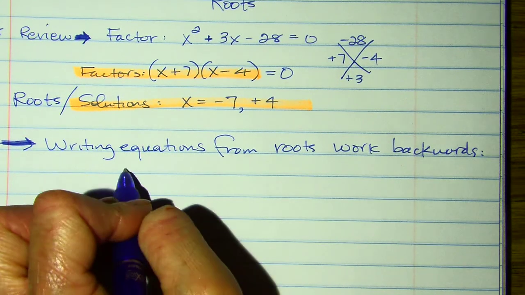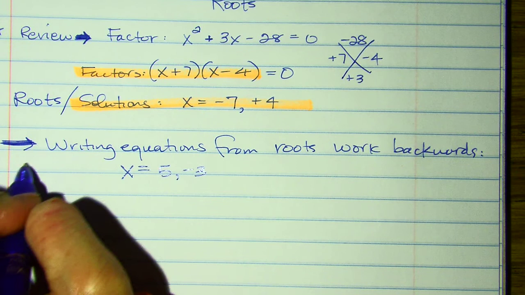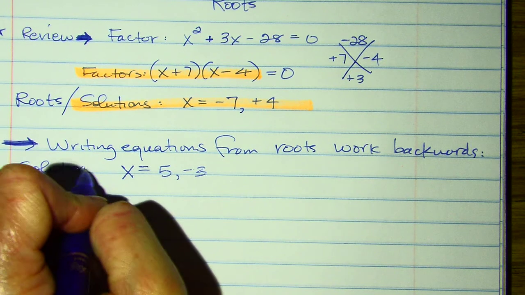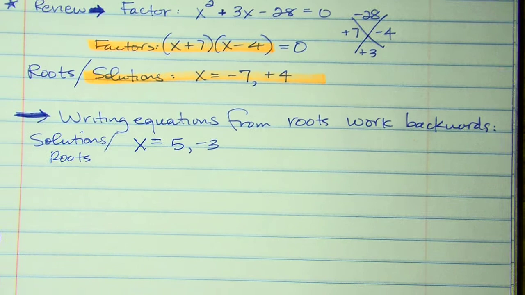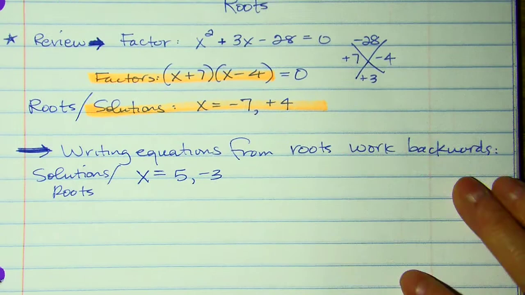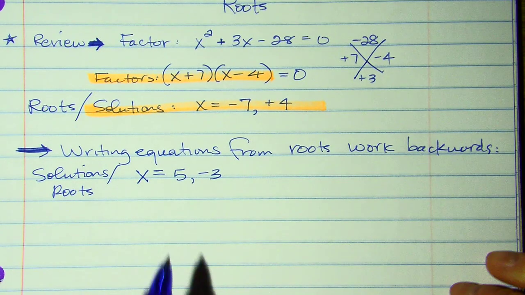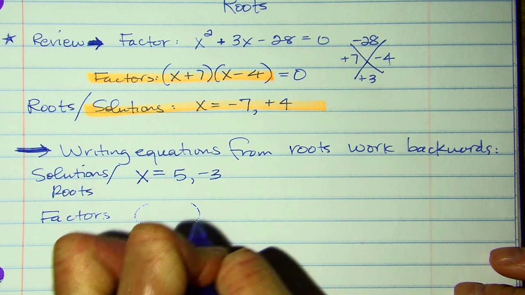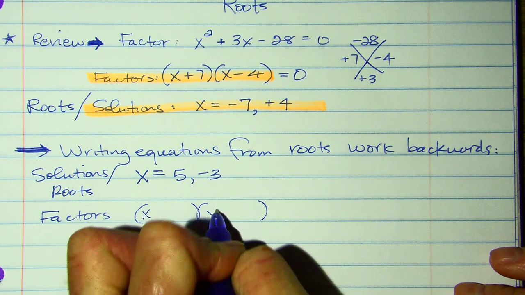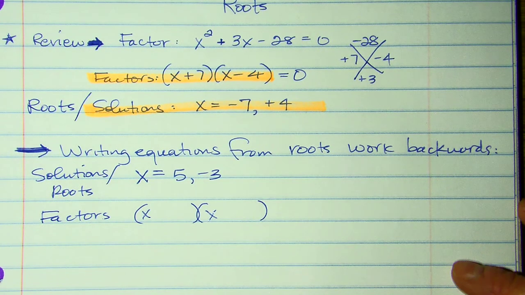If I tell you that my solutions are 5 and negative 3, also known as roots, we're going to work backwards. Instead of ending with my solutions, I'm now working up. Let's write our factors. I know that my factors begin with an x, and they should be the opposite sign of our solution.